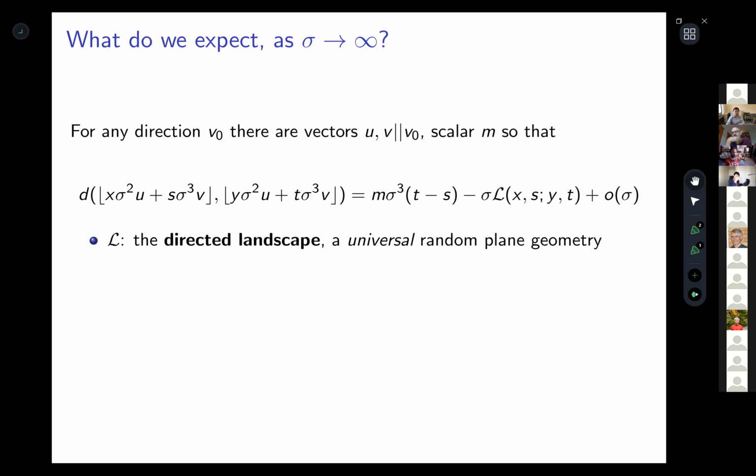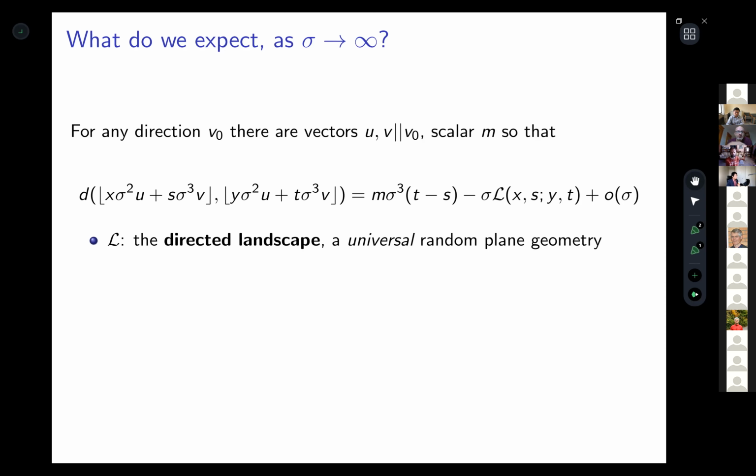For us, this was, say, (1,1). Then I pick 2 vectors: one that's parallel to this direction, with its scale set just right for us, and another vector, which is hopefully not parallel, that we call U. There will also be a scalar M, such that when you look at the distance in this new coordinate system, based on the vectors U and V, it is scaled differently in the direction V and in the direction U. One has to do with lengthwise, and the other with the transversal fluctuations.